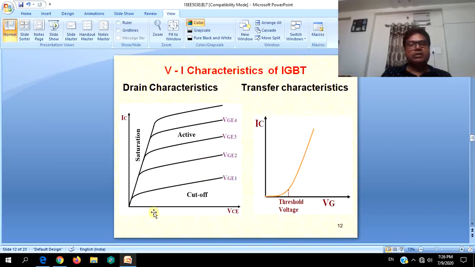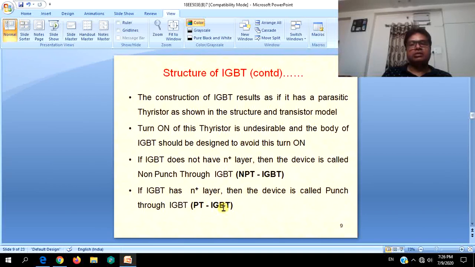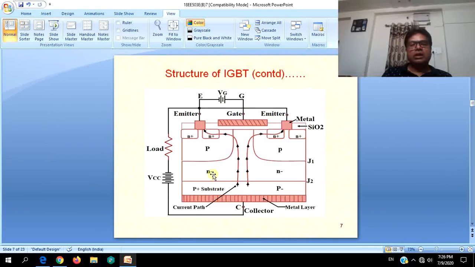And if the reverse voltage is applied, it will not conduct. That depends on the actual N minus layer. If N plus layer is there, the rated reverse blocking voltage will be less. When only N minus layer is there without any buffer layer, it can withstand higher reverse blocking voltages.